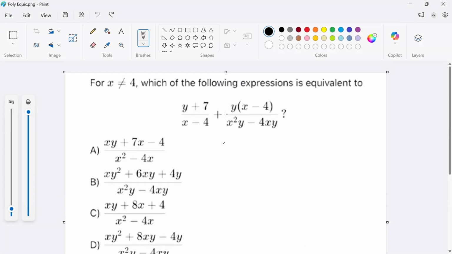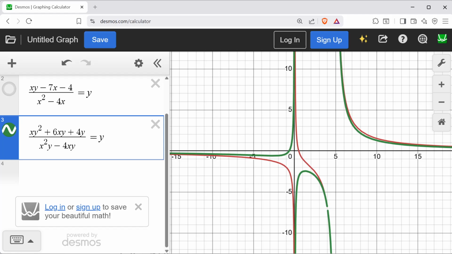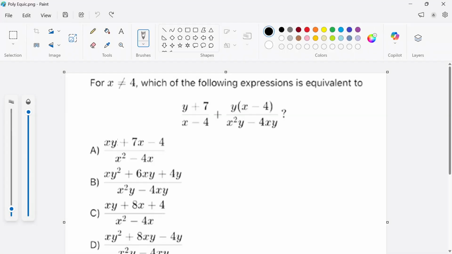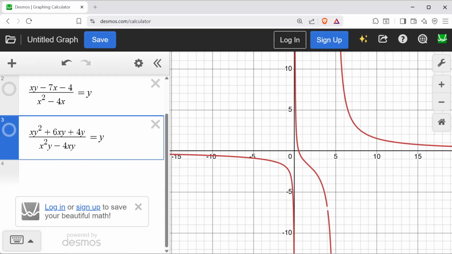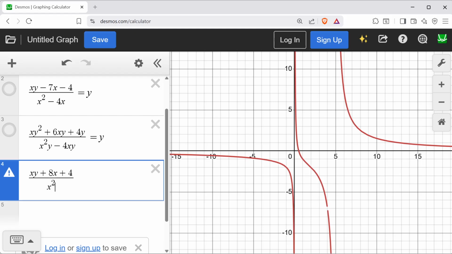Do I have that first one right? Y plus 7 over x minus 4 plus y times x minus 4, x squared y minus 4xy. I worked this thing before, and I think D is the right answer. I thought B was the right answer for some reason, and it wasn't what I expected. xy, C, plus 8x plus 4, divided by x squared minus 4x, and then equals y.